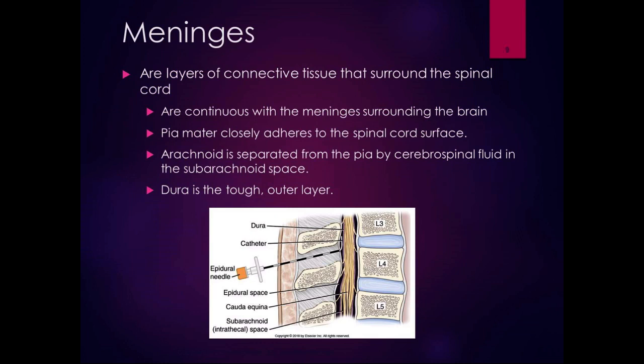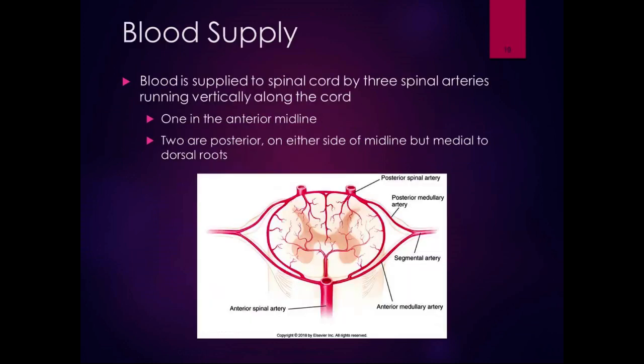So this picture is of an epidural injection, and epidural goes through the dura into the subarachnoid space, or sometimes it's called the intrathecal space when they're doing epidural injections. And they do epidural injections for lots of different things.